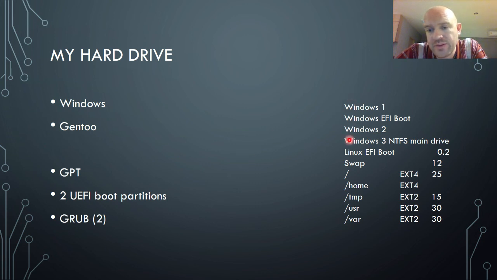Windows creates its partitions, and I'm not going to touch them, except that the main drive has been resized to make space for Linux at the end. The EFI boot partition is going to be very small, about 200 megabytes.